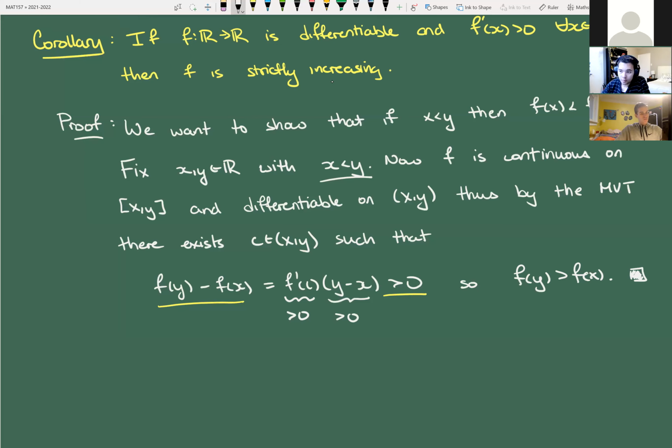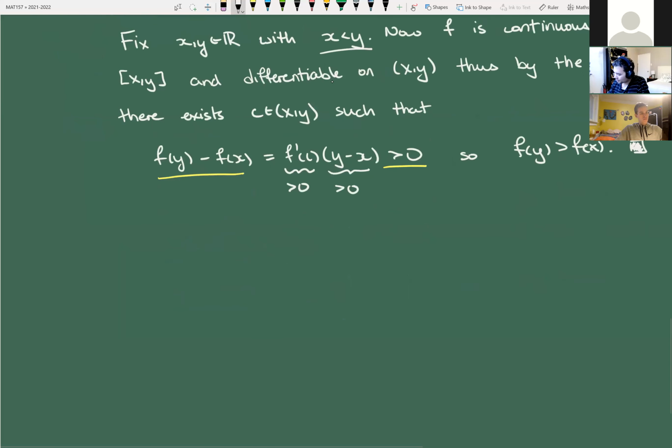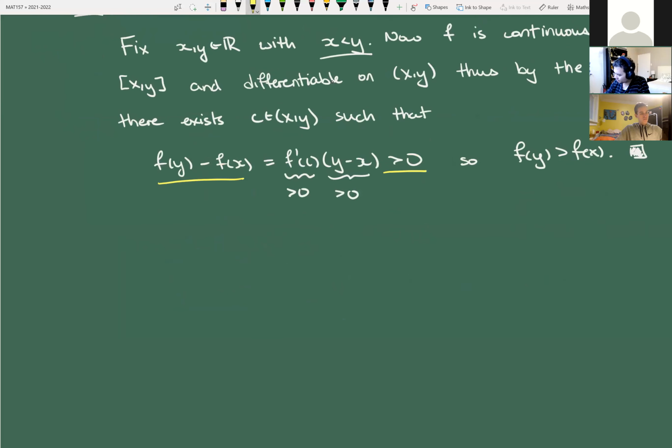Now let's do something a little bit more interesting. I'm not going to prove all of these because there's a million of them, but I'm pretty certain some of you have heard about this theorem. All right.